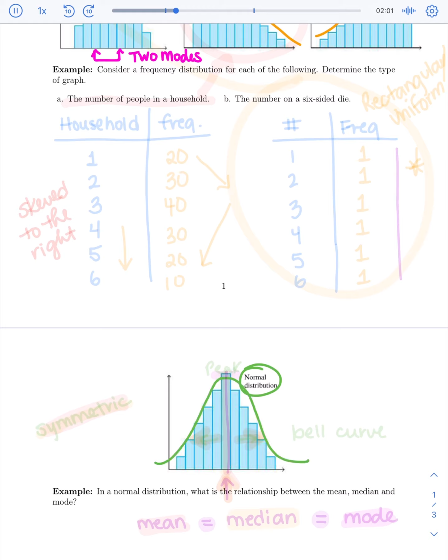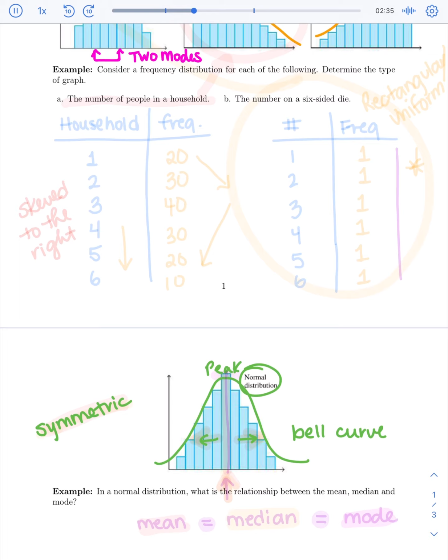It doesn't have to be a perfect bell shape, but it does kind of look like a bell curve, where you have a peak in the middle, and it is roughly symmetric. Remember, symmetric means you have the same picture on both the left and the right side, roughly. Again, it doesn't have to be perfect, but it's kind of like a mirror image on both sides. And like I said, we have the bell curve.